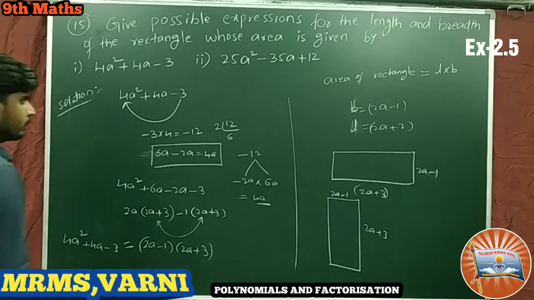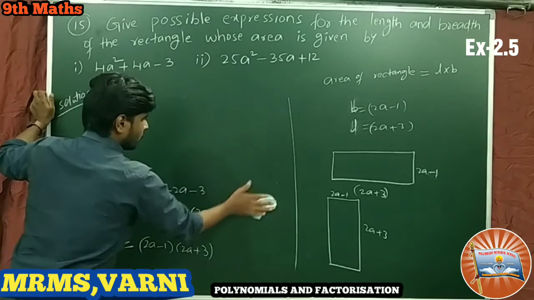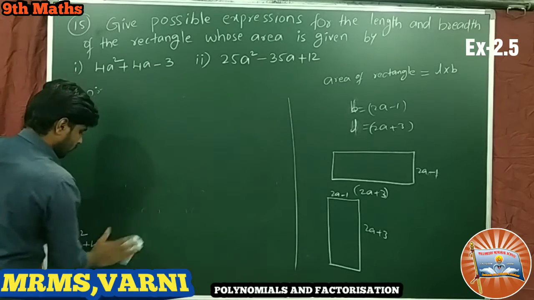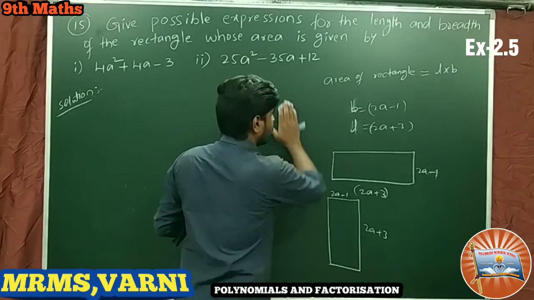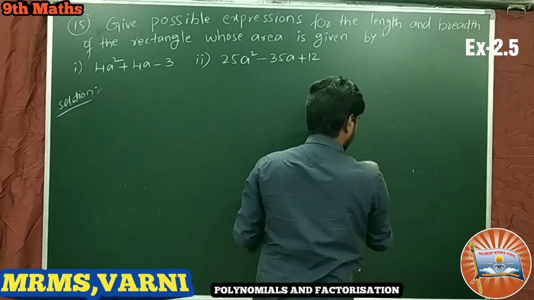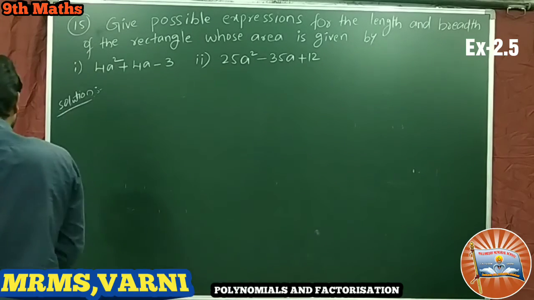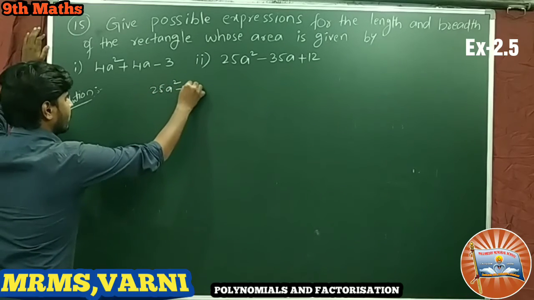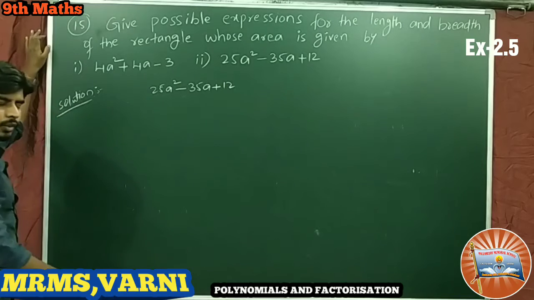Next, second one. Given 25a square minus 35a plus 12.